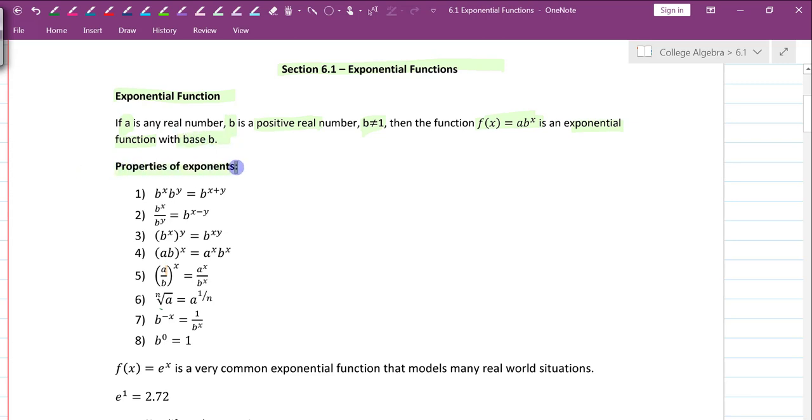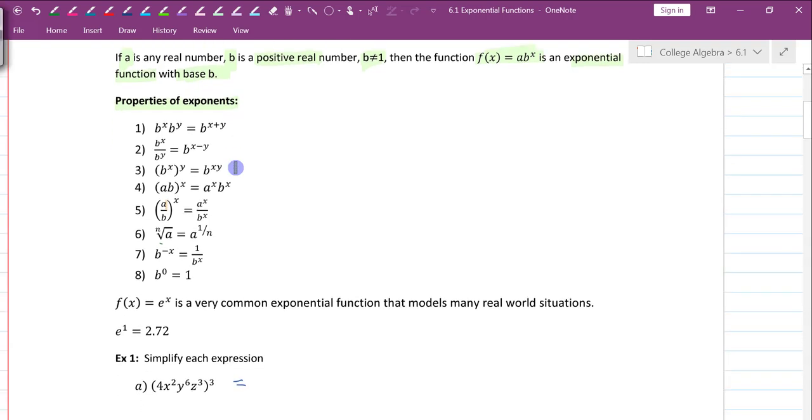Before we get too involved with the exponential function, I do want to take a moment to review some of our basic properties of exponents. First off, remember that when we have the same base, b to the x power times b to the y power, that is equal to base b, the same base, with our exponents added together.